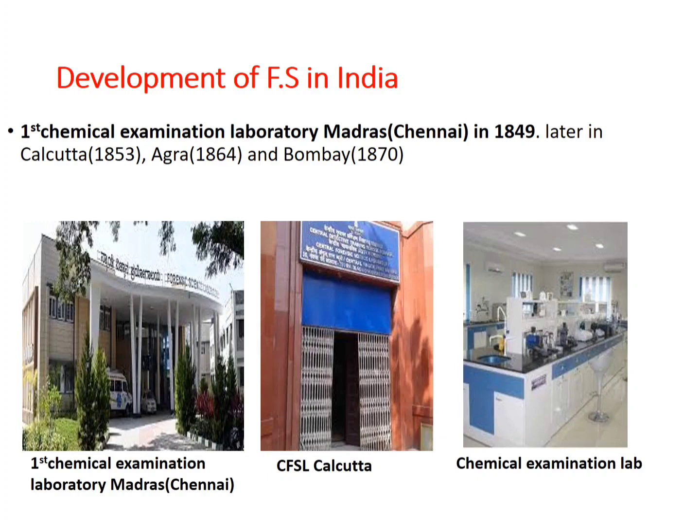Later on in Calcutta in 1853, then in Agra in 1864, and at last in Bombay in 1870. So these laboratories were equipped to handle toxicological analysis of viscera, biological analysis of body fluids, and chemical analysis of food, drug, and excised material to provide scientific support to the criminal justice system.